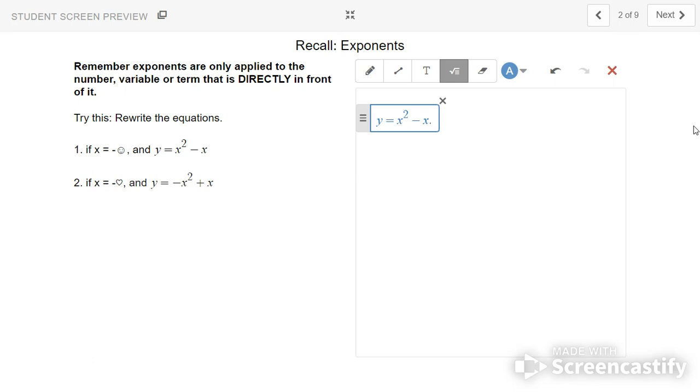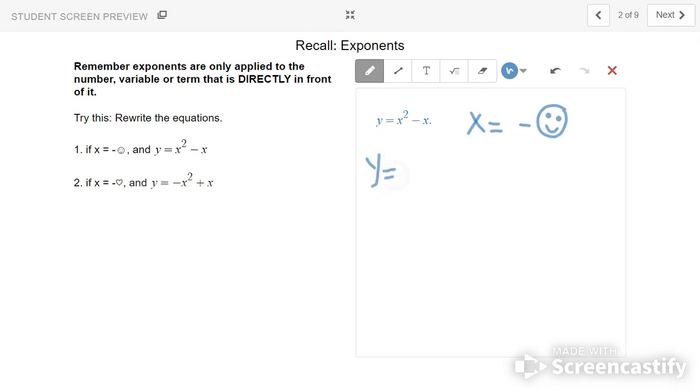We know that x equals negative smiley face. So when we substitute it in, I need to put negative smiley face inside the bracket. All of that is squared. And then I'm subtracting negative smiley face again.